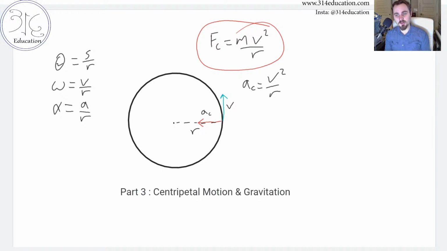Now centripetal acceleration is going to be a change in the tangential velocity. Tangential having the word tangent in it. So our velocity is running a tangent. It is touching the circle at one point and then moving on. And as we go around the circle, we have a tangential velocity at each point.